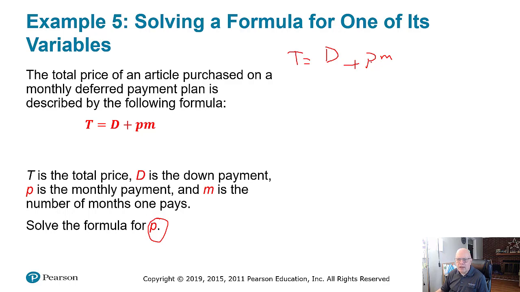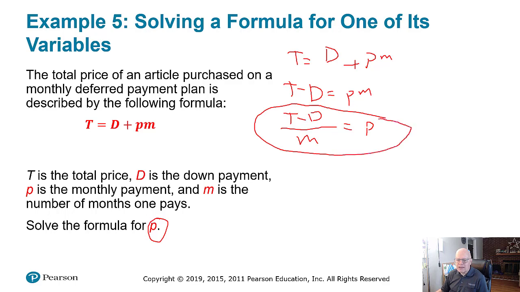Now I want to solve for P, so I need to get rid of the D. So T minus D equals, once I subtract the D, I'm left with PM on the right hand side. But I want P, so I'll divide both sides by M. So on the left side I'll have T minus D over M equals, and when I divide that by M, I end up with P. That's exactly what I wanted. P equals T minus D all over M.